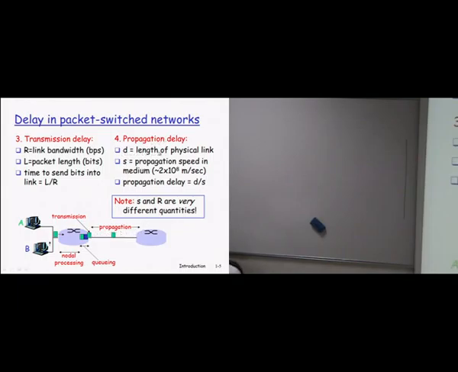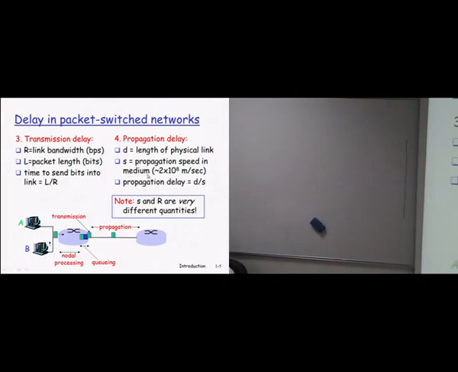It depends on the length of the physical link, how long it is. s is equal to the propagation speed in the medium. Usually it is approximately equivalent to the speed of light, 2 into 10 raised to the power 8 meters per second. And propagation delay will be calculated as d, the length of the physical link, divided by the speed s.